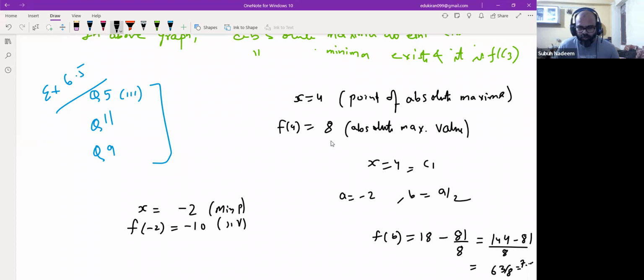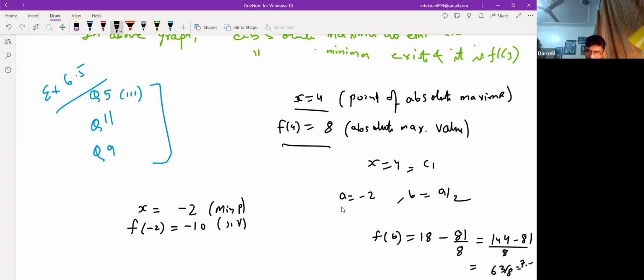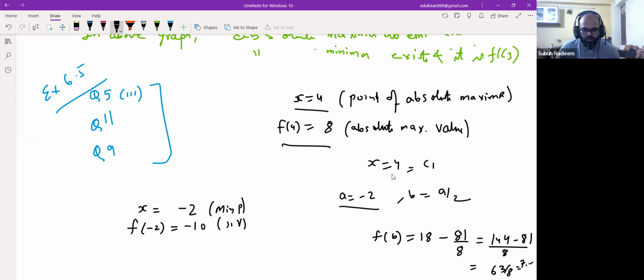So yes, the absolute maximum value is still at 4. It is slightly less than it. 8 is 64, it is 63. So have you done this way? You took the value at -2, you took the value at 4, you took the value at 9/2, compared all the three values, and took the maximum and minimum. This is not the maximum or minimum.